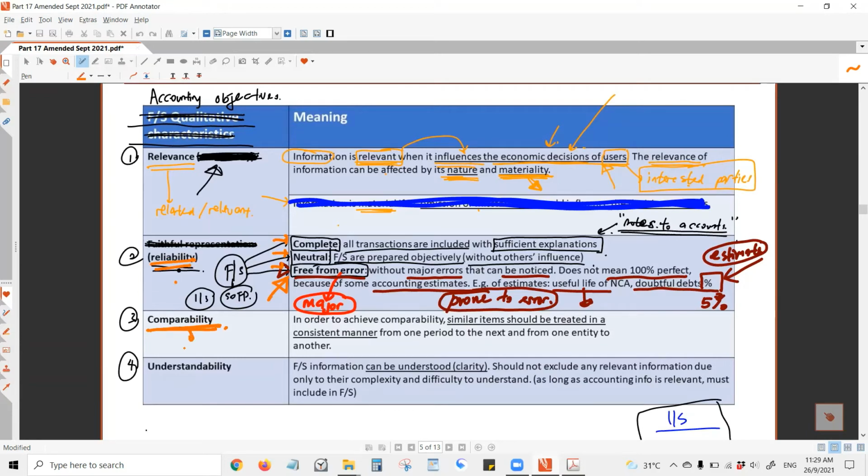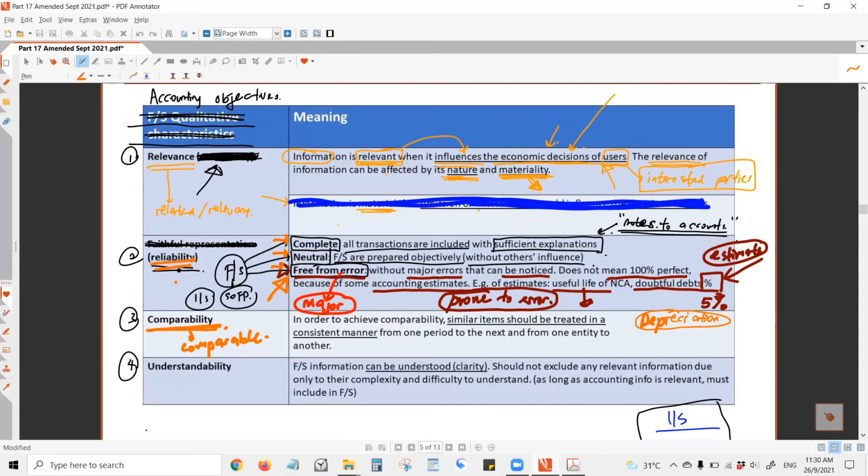Comparability comes from the word comparable. It means that it allows you to compare your financial statements. So what does it mean? I give you an example. In the depreciation topic, we say that for the same category of NCA, you must use the same calculation method all the time.